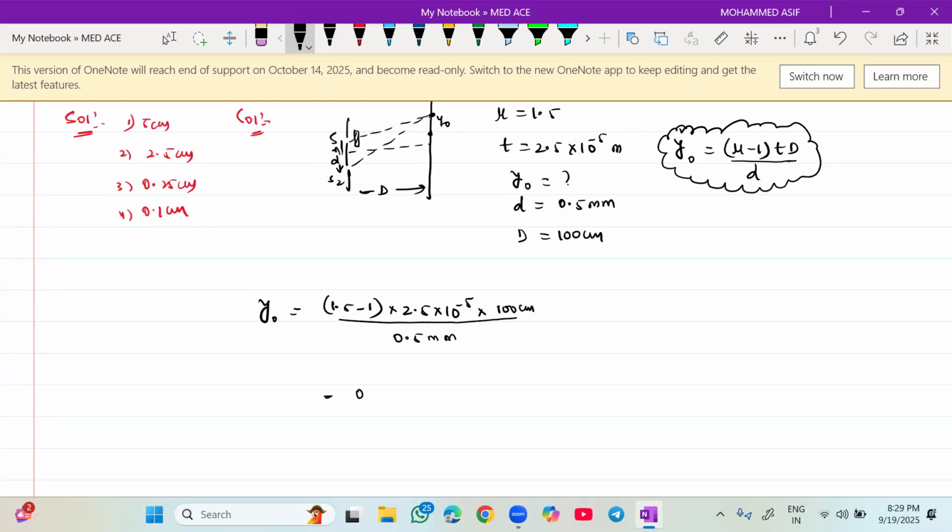This is 0.5 into 2.5 into 10 power minus 5 into 10 power 2. 1 centimeter is 10 to the power of plus 2. 1 meter is equal to 100 centimeters. So 100 centimeters is equal to 1 meter. So I can directly write here 1. In meters, if I'm writing, this will be equal to 1. Am I clear?